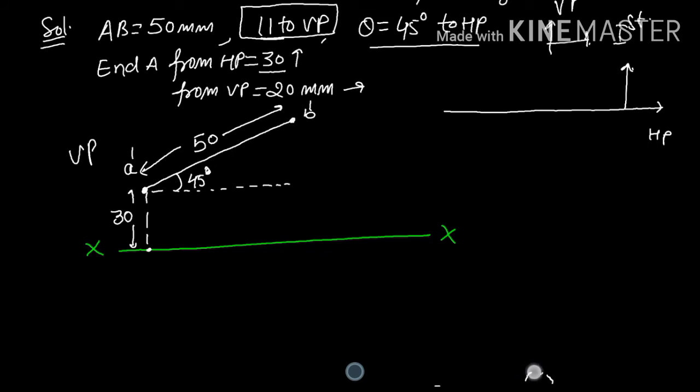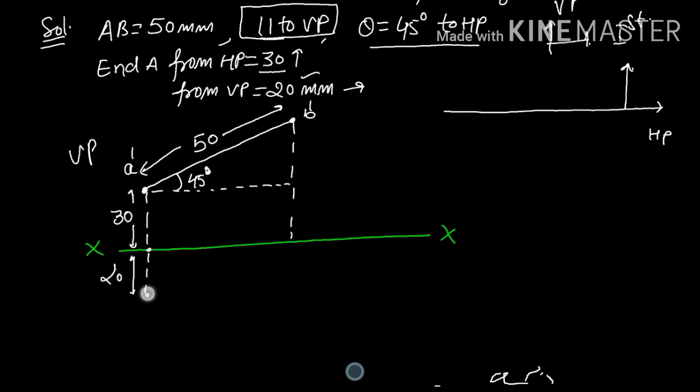So I have completed the projection in my VP. Now, what is the dimension with VP given? 20 mm. So this we have to use in HP. So come down by 20 mm. I have come down by 20 mm.